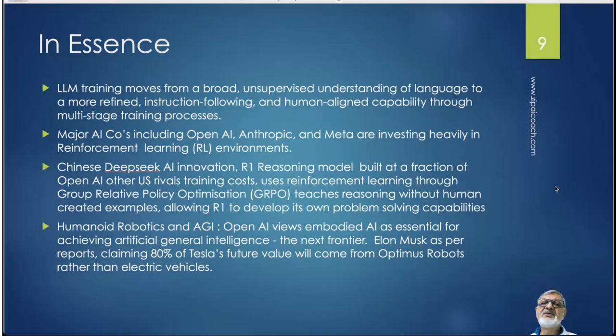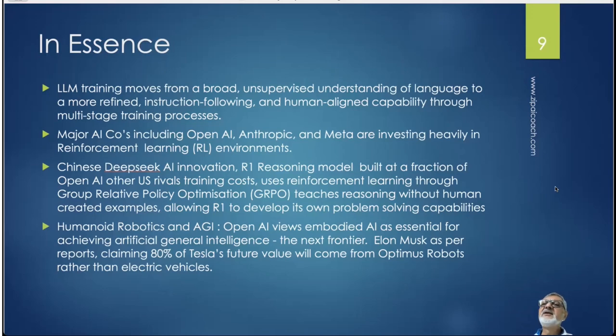Humanoid robotics and AGI. That is the next phase, where OpenAI views embodied artificial intelligence as essential for achieving artificial general intelligence, that is AGI.